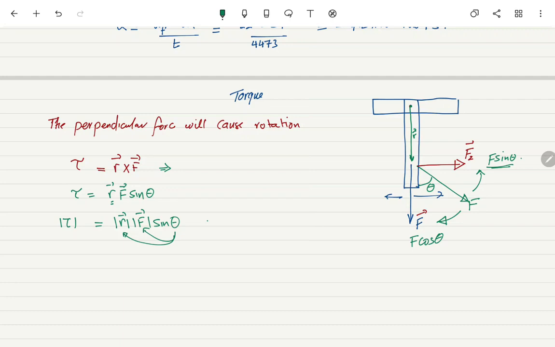Now to find the direction of the torque, let's use this notation. If the force rotates the object counterclockwise, then the torque is positive. And the torque is negative if the force rotates the object clockwise.